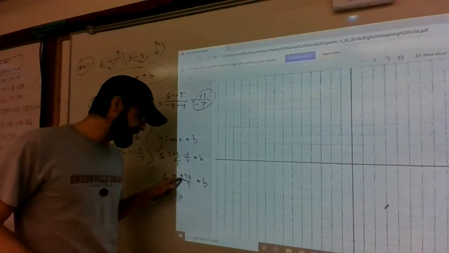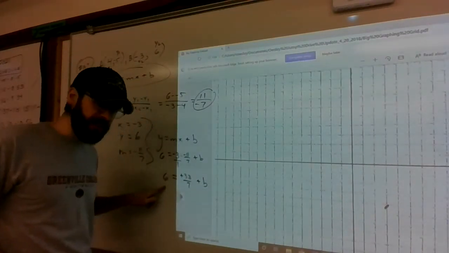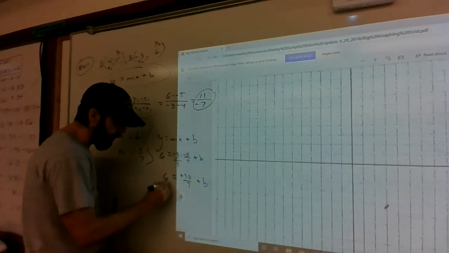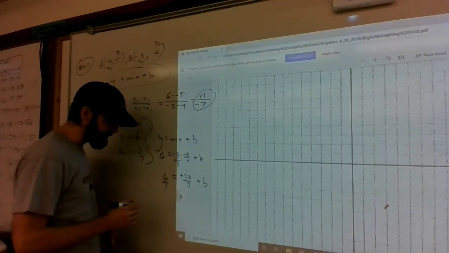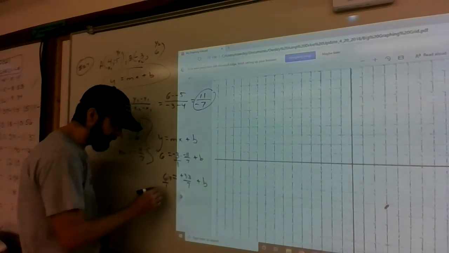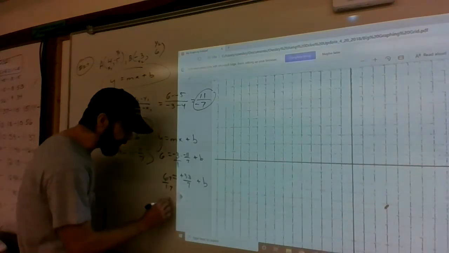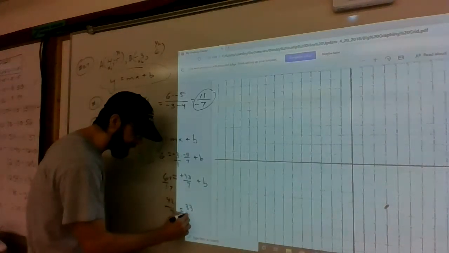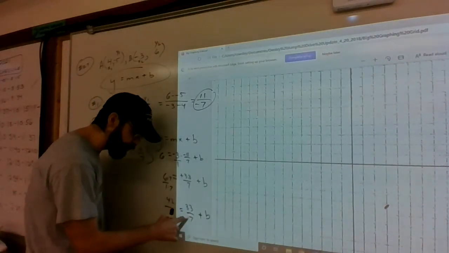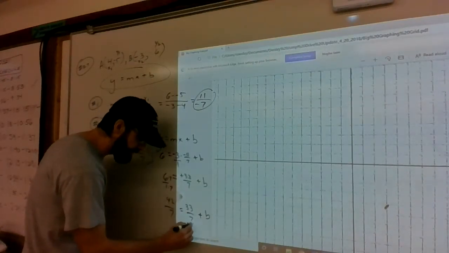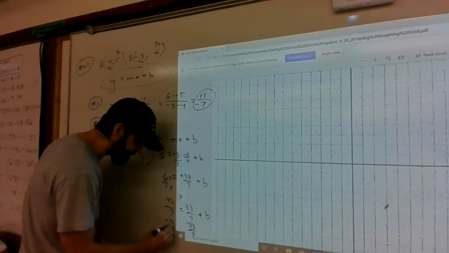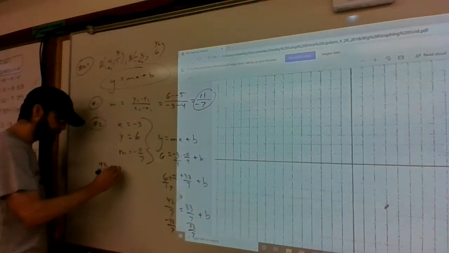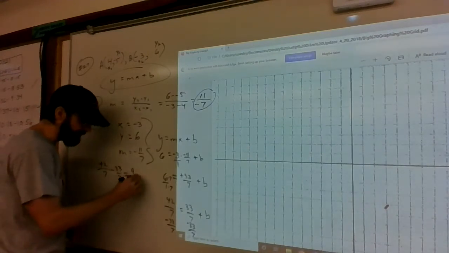I'm already predicting that we're going to be subtracting these two, so I'm going to make 6 into a fraction with a denominator of 7. 6 over 1 is the same as 6 times 7 over 1 times 7, which is 42 over 7. So I got 42 over 7 on the left, 33 over 7 on the right, plus b. I subtract this from both sides to get b by itself, and you're given 9 over 7. That's my b value.